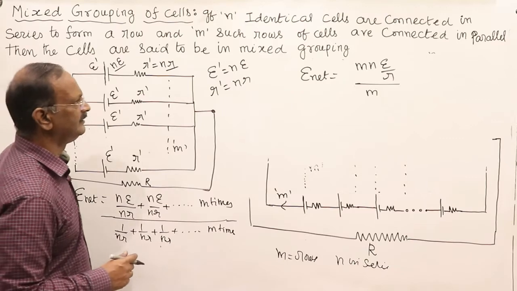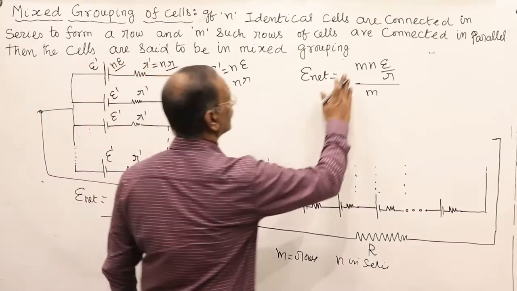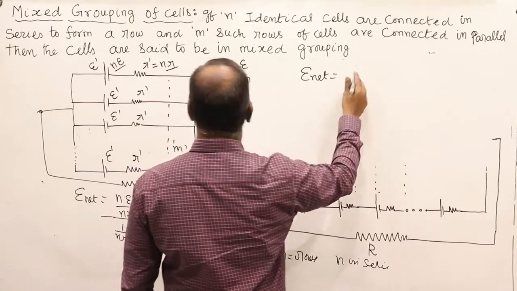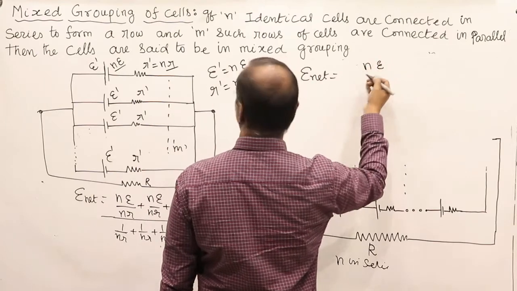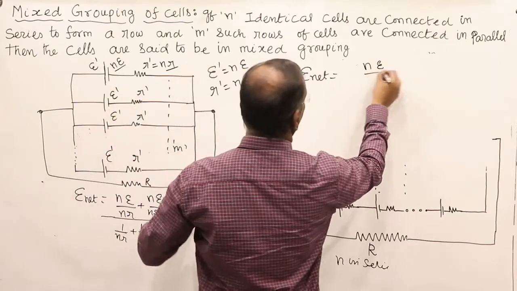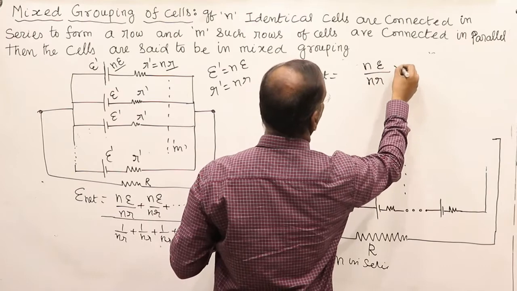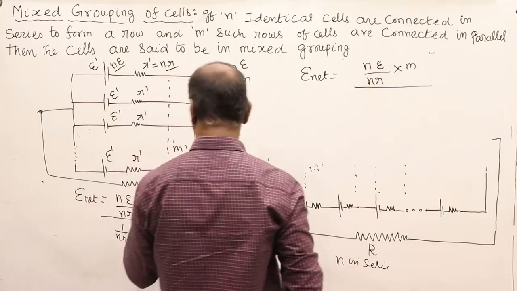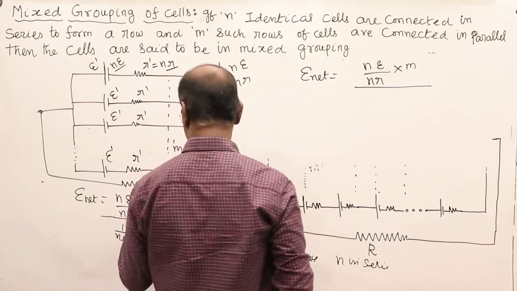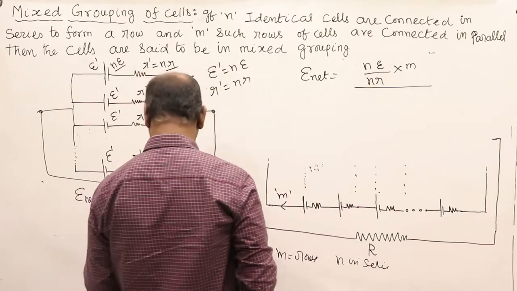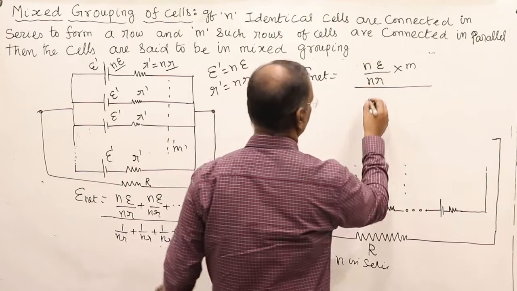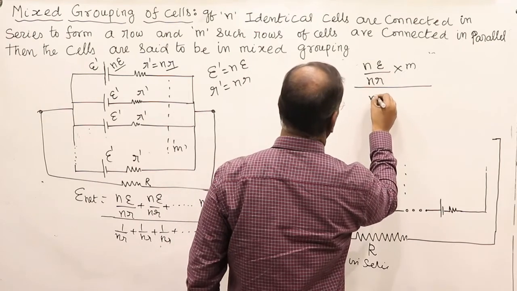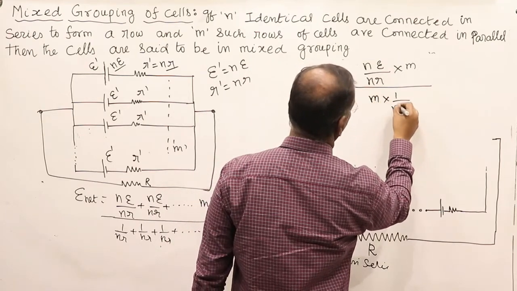Simplifying, E net is equal to nE by nr multiplied by m, divided by the m times 1 by nr.